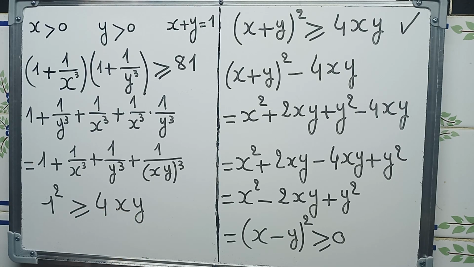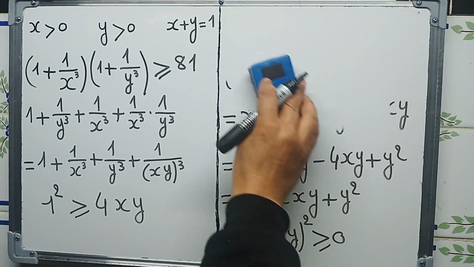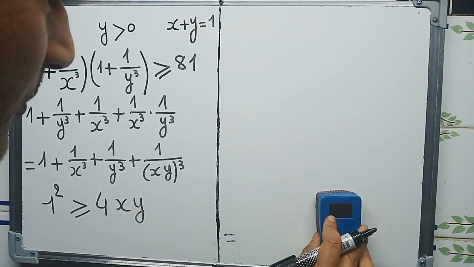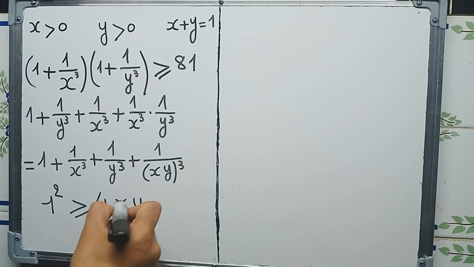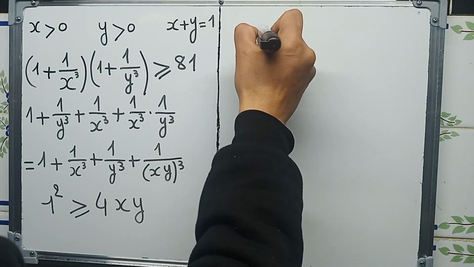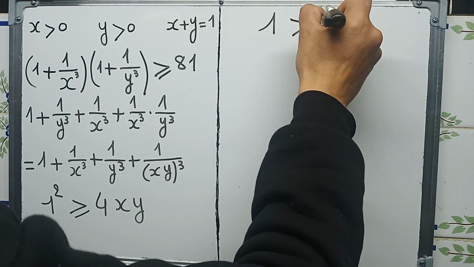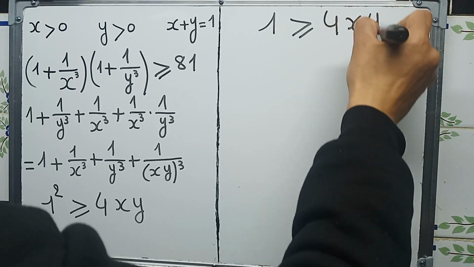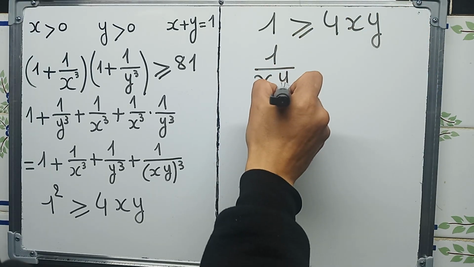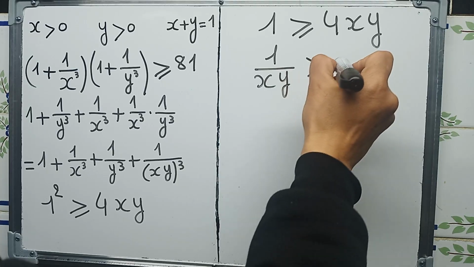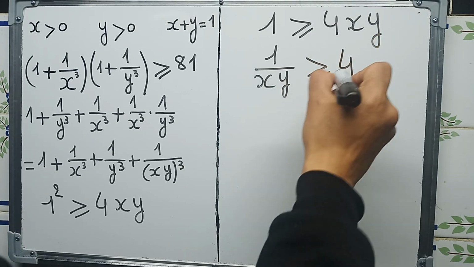So I just divide by xy, which is a positive number. 1 squared is 1, and I divide by xy. I will have 1 over xy is greater than or equal to 4.